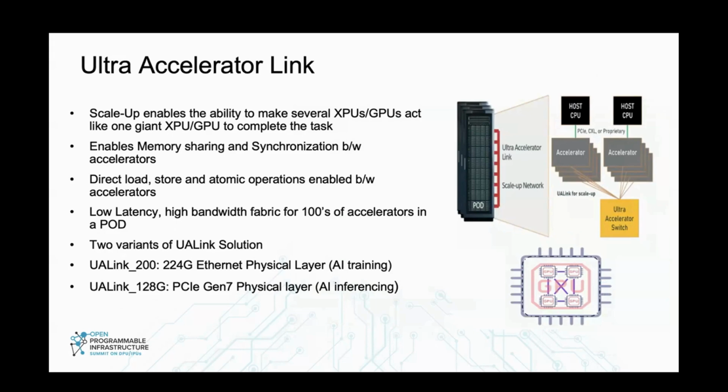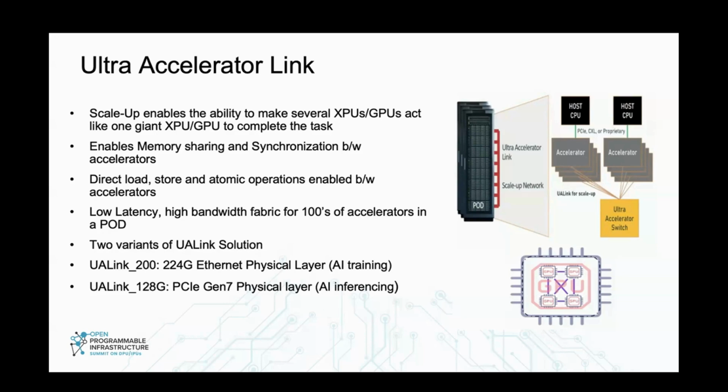For the Ultra Accelerator Link, there are 2 different variants available in the market. UALink 200 leverages the 224 gig Ethernet physical layer as a baseline, and the protocol is built on top of it. This will get us the highest bandwidth available in the market as of today, and it is mainly used for AI training purposes. And there is another variant, UALink 128.